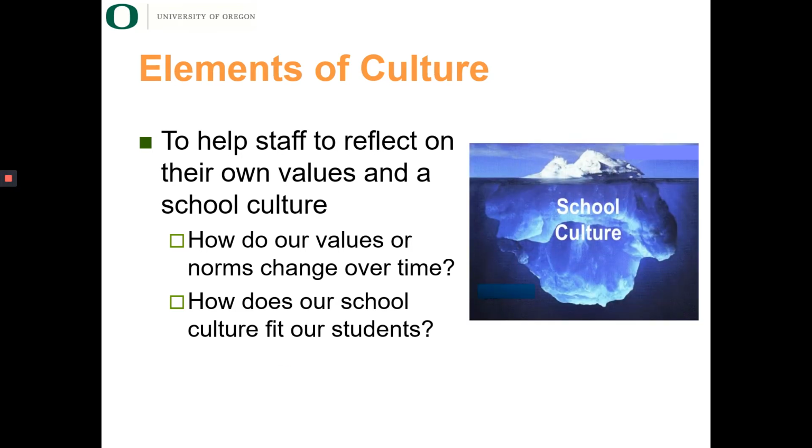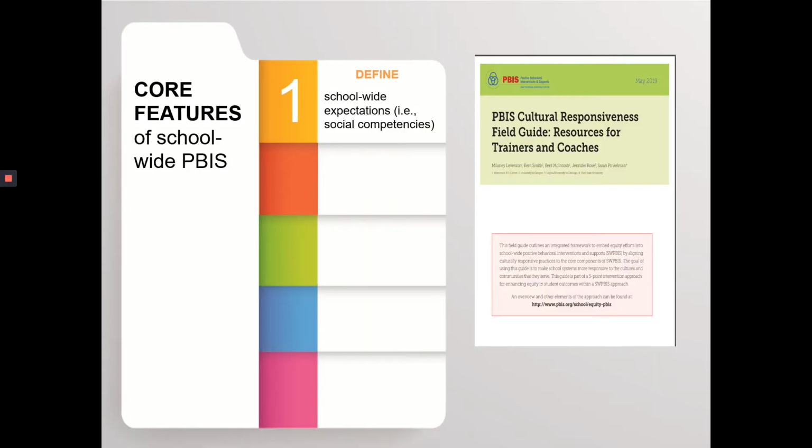We also like to use Elements of Culture to help understand our students and how our values and norms as educators both align but may not align or match with those of our students. One of the ways you can use this is when you are defining your school-wide expectations.